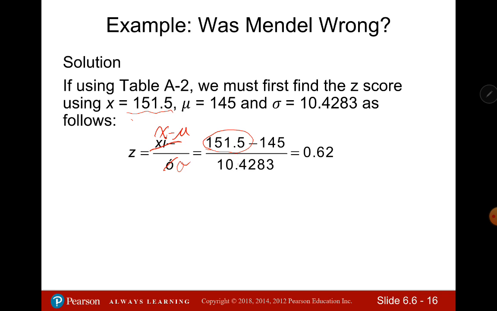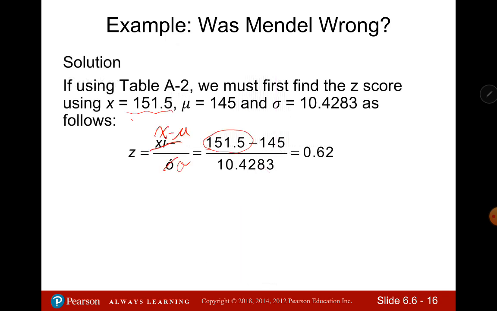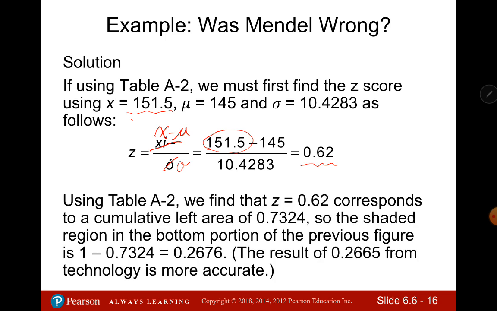And we also realize we are talking about the area cumulative to the right, so make sure you don't forget a step, okay? After we get the z-score, we use this z-score to check the area. We check the first two digits from the left column and the last digit in the top row.